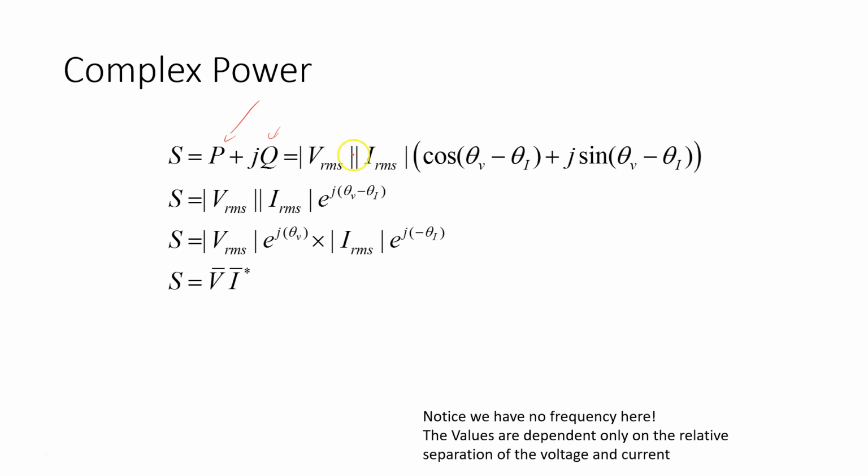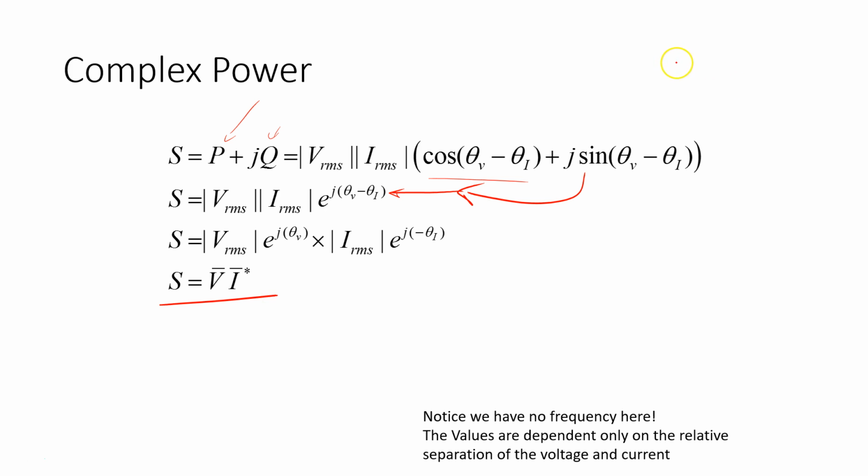And if I write that out, I'll get VRMS, IRMS, cosine theta V minus theta I plus j sine theta V minus theta I. I can now take Euler's identity and convert that into this form, which is my phasor form. And I will see that that corresponds directly to V multiplied by I conjugate.